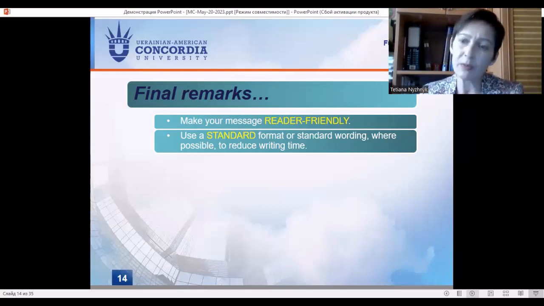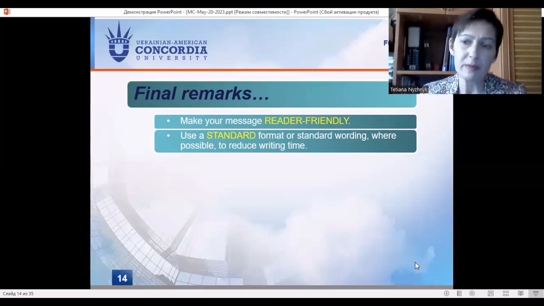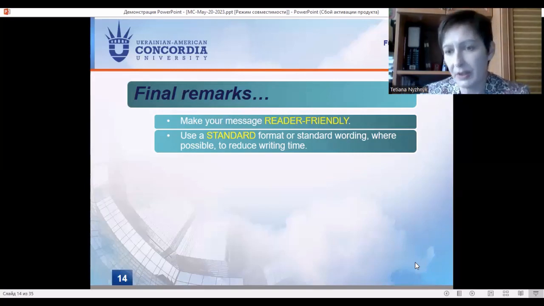These help a lot, especially if your level of English is not high enough to be able to formulate something yourselves which will be grammatically correct and acceptable for this particular document. Well, sometimes people say that using cliches is not very good, but sometimes cliches are inevitable.